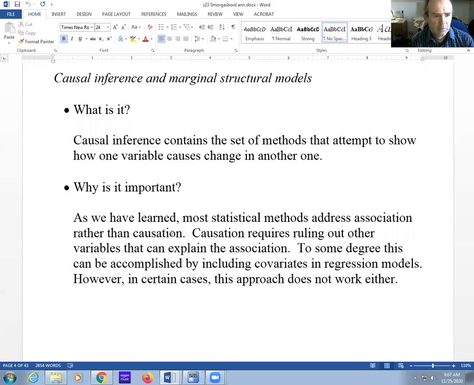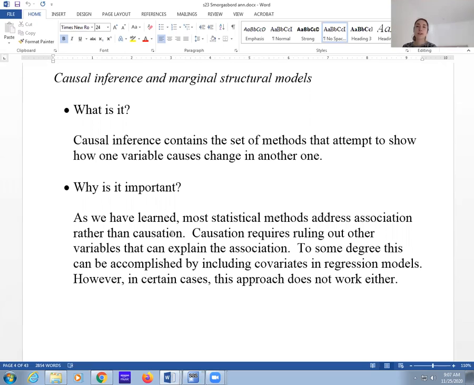What would be the approach that you would typically try to take in order to get your best estimate of the effect for a predictor on an outcome? So again, think about what you do in regression.